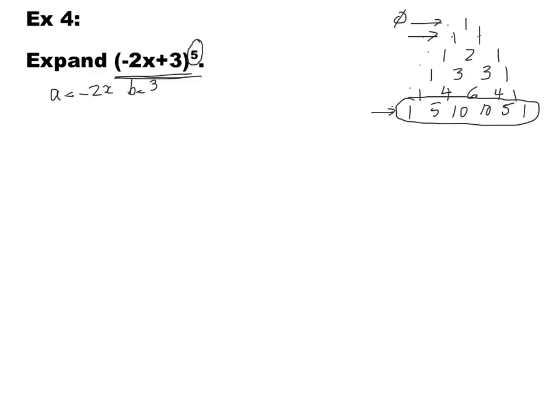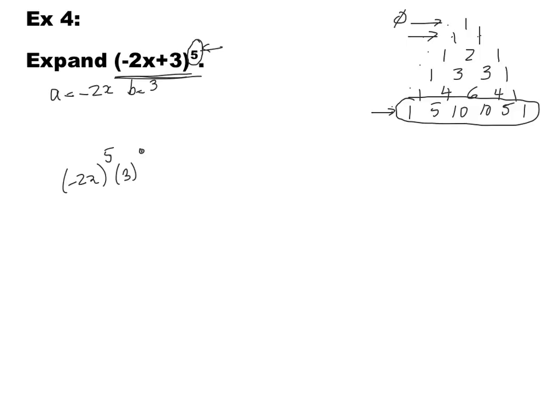It's going to start with a exponent degree, which is 5. So it's going to be negative 2x exponent 5. Then it's going to be b exponent 0. So 3 exponent 0. And if you look at the sum of the degrees here, you can see that 5 plus 0 gives you 5, which is the original degree.